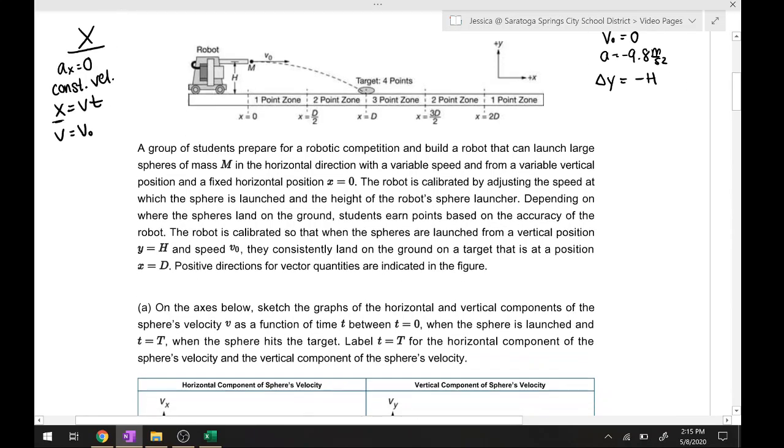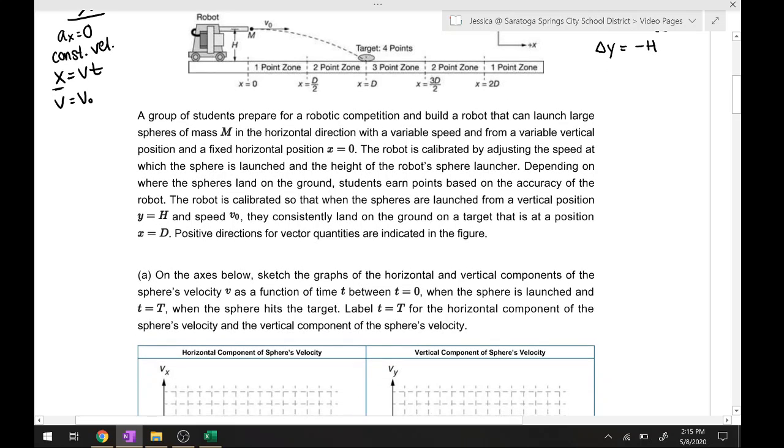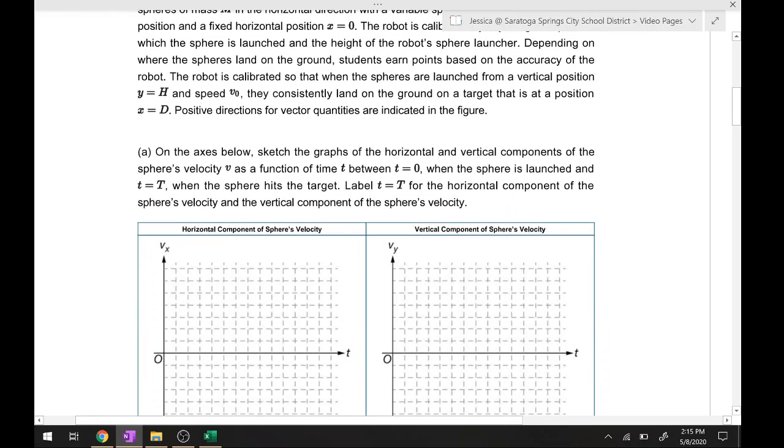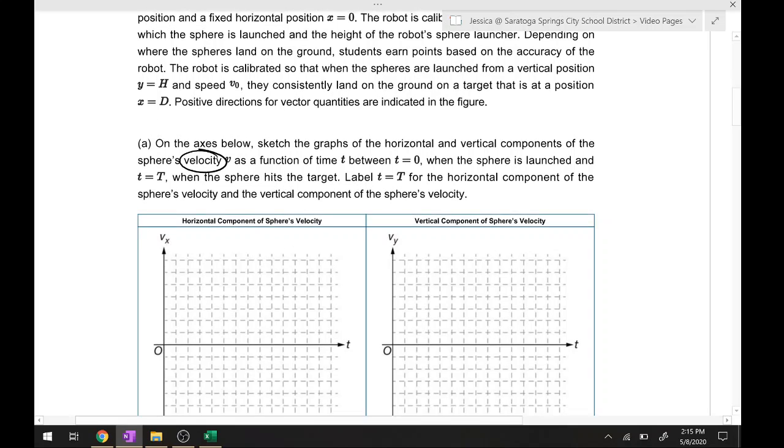All right. So a group, we already read that part. All right, so on the axes below, we need to sketch graphs of the horizontal and vertical components of the velocity as a function of time from when the sphere is launched to when it lands. Label t equals t for the horizontal component of the sphere's velocity and the vertical component of the sphere's velocity.